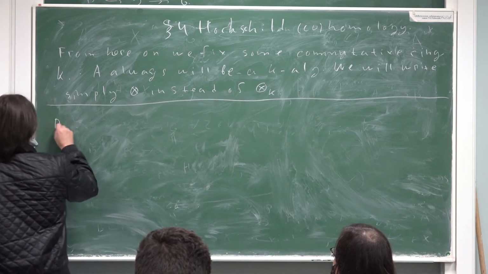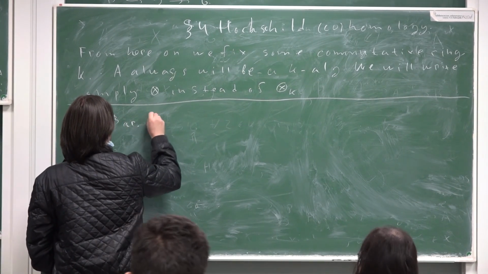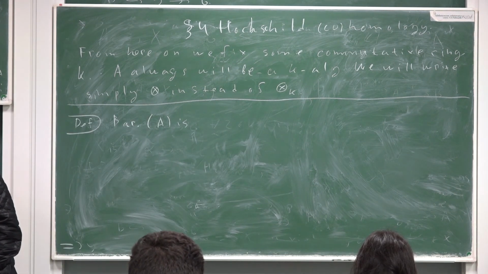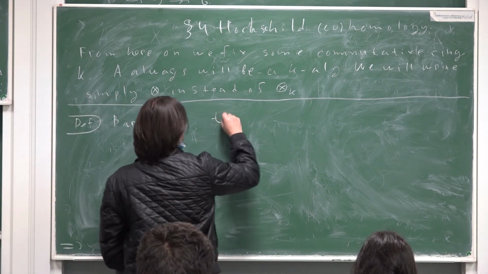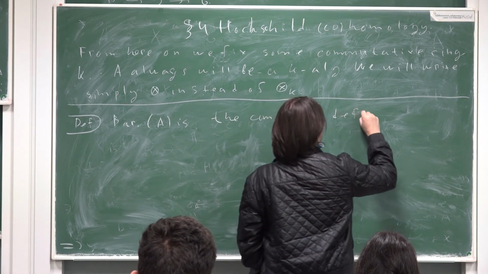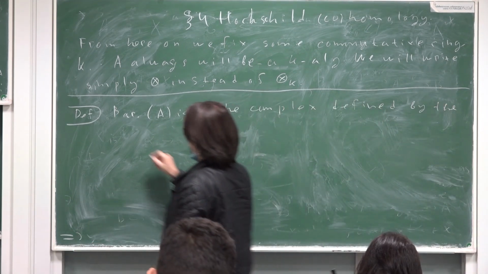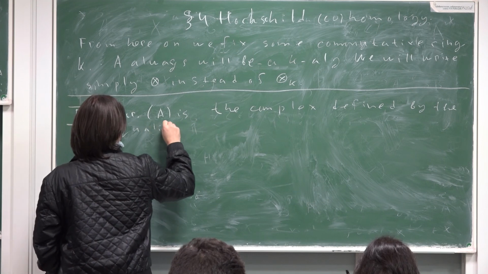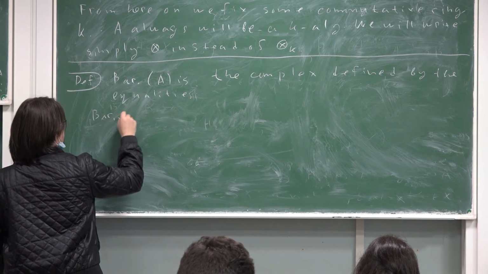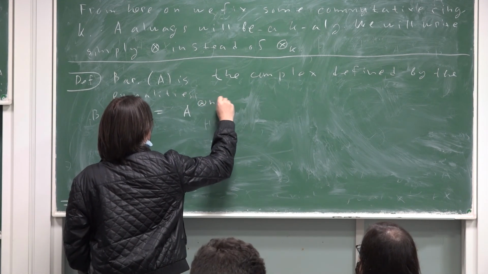So, definition. Bar dot of A is the complex defined by the equalities. Bar n of A is simply A tensor n plus 2.